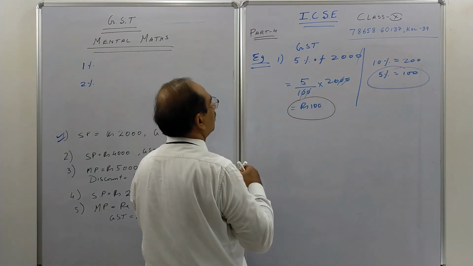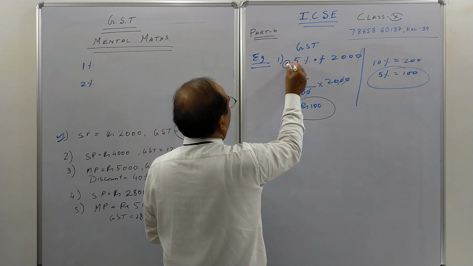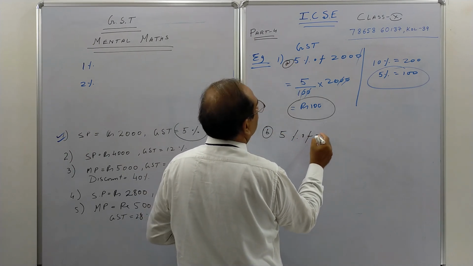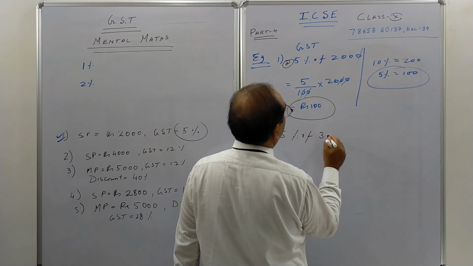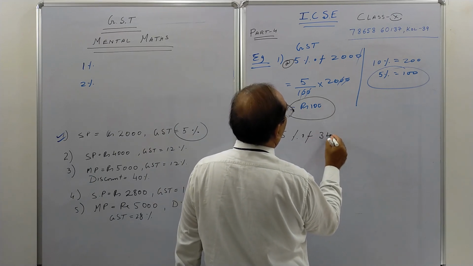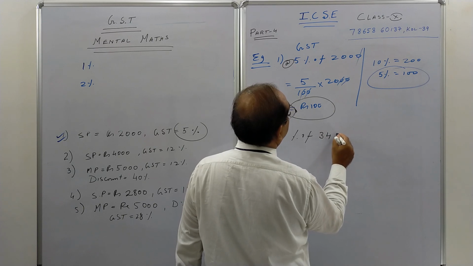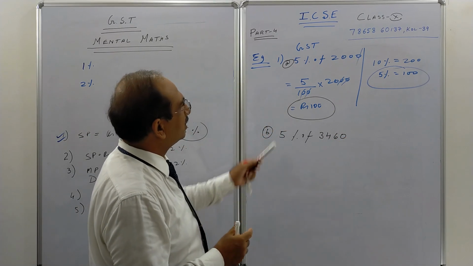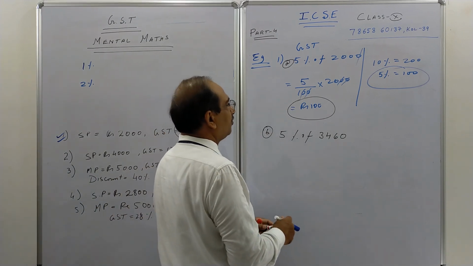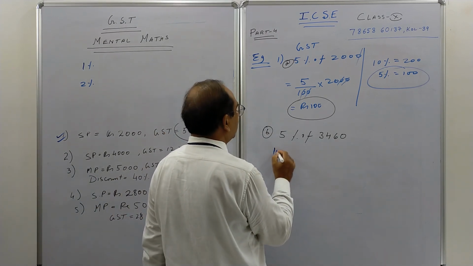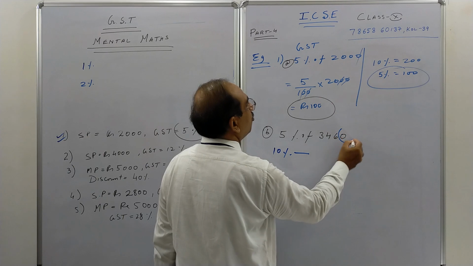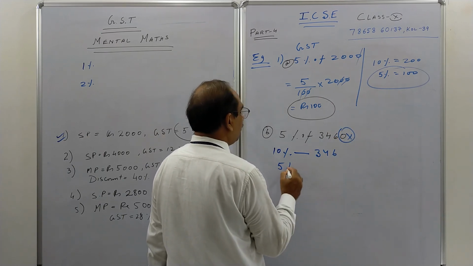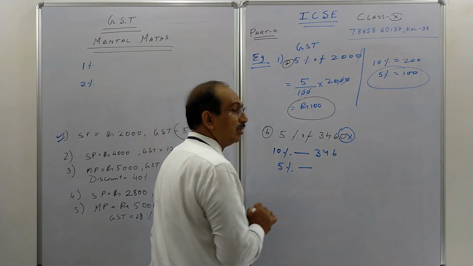I'll give you another example. Let it be 1A, 1B. I am showing you 5% of, suppose, 3,460. Suppose we do this. Traditional method I am not doing, children. If we want to do by this, 10%, children, remove 10, 346. So 5% of that will be half.